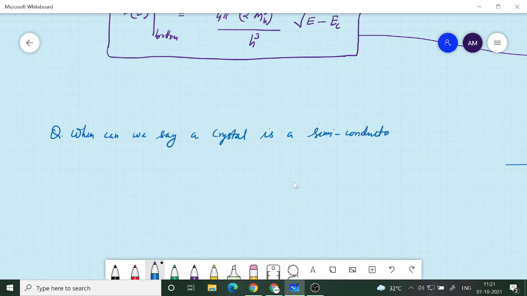Crystal means it has periodic potential and electrons move in the periodic potential. So when can we say that a crystal is a semiconductor? The way we can answer this is by looking at the filling of the bands.